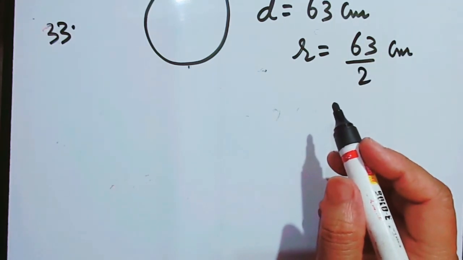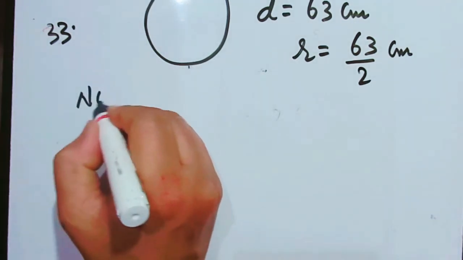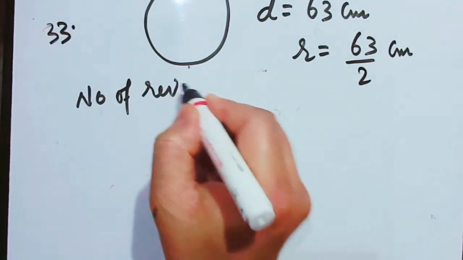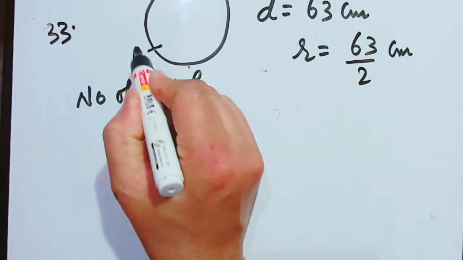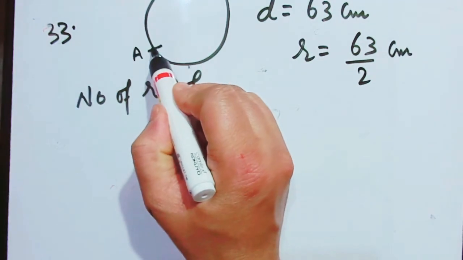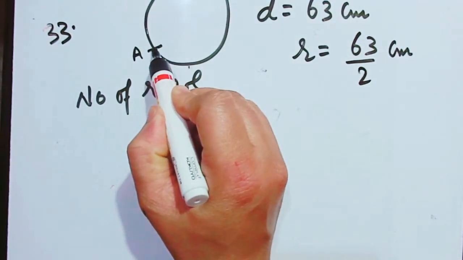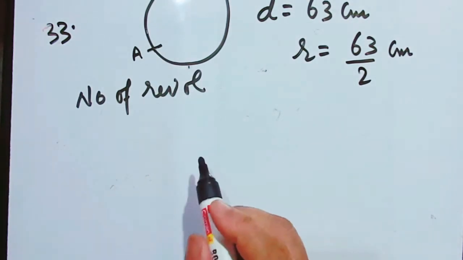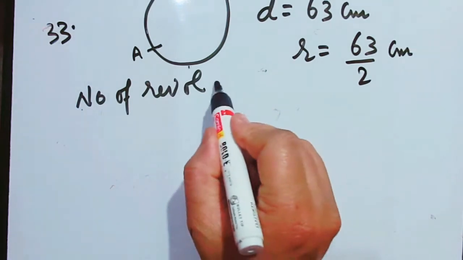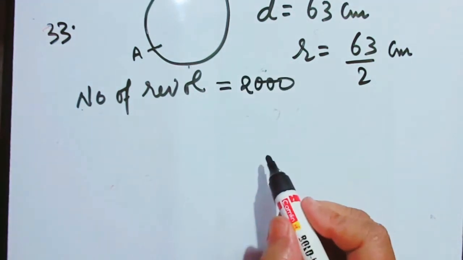How much distance will the car move during 2000 revolution? So number of revolution means if a wheel starts from point A and comes back to point A, naturally it is known as one revolution, isn't it? One revolution. So number of revolution is given as 2000 revolution, isn't it?